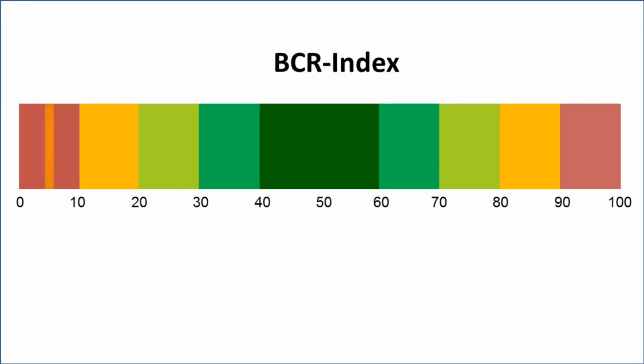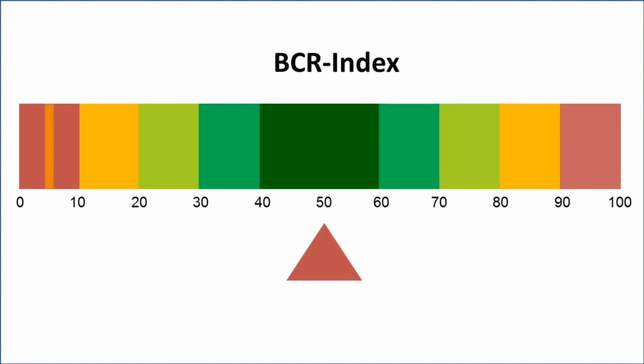Let's take a look at the user friendliness of the BCR index. The first scan at the start of the treatment shows the resistance where the orange line is, and that will be represented by a triangle having the color of the box in which the orange line is.